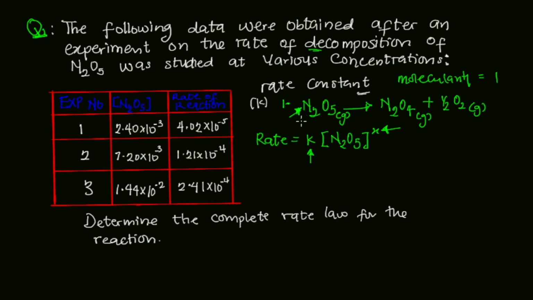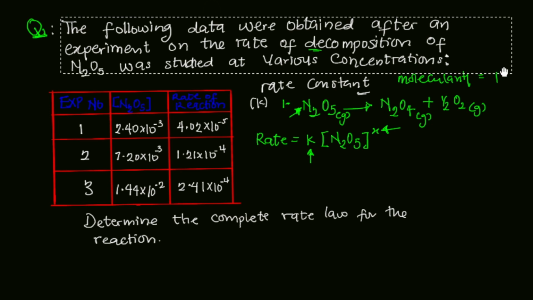You can determine the molecularity of a reaction just by balancing the chemical equation. But the order of reaction, we have to determine experimentally. The question asks us to determine the complete rate law, so now let's go ahead and determine the complete rate law for this question.